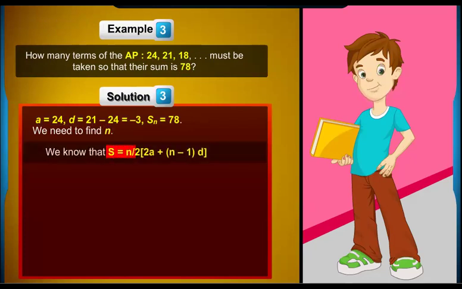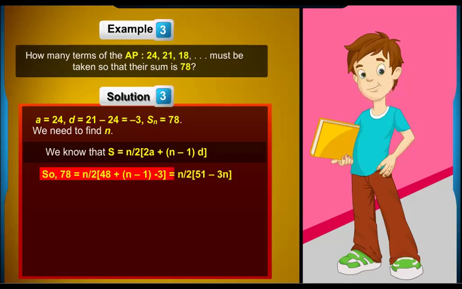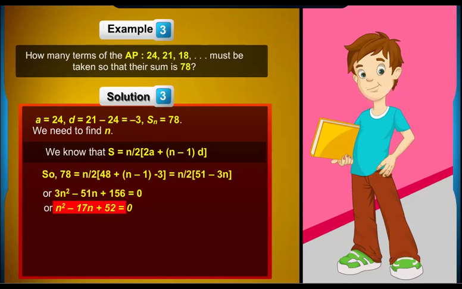We know that S = n/2 [2a + (n - 1)d]. So, 78 = n/2 [48 + (n - 1)(-3)] = n/2 (51 - 3n), or 3n² - 51n + 156 = 0, or n² - 17n + 52 = 0, or (n - 4)(n - 13) = 0, or n = 4 or 13.